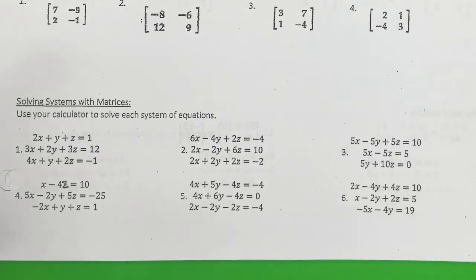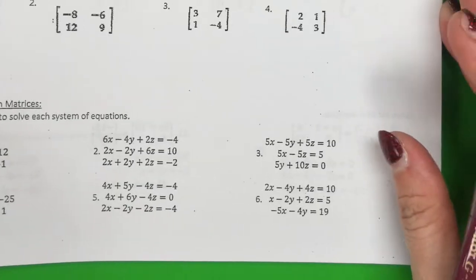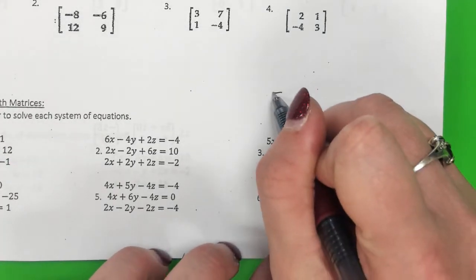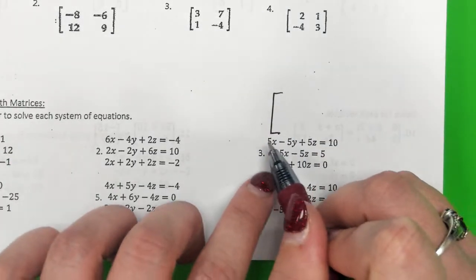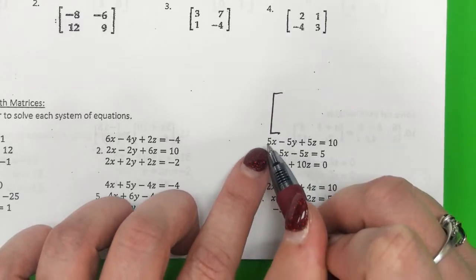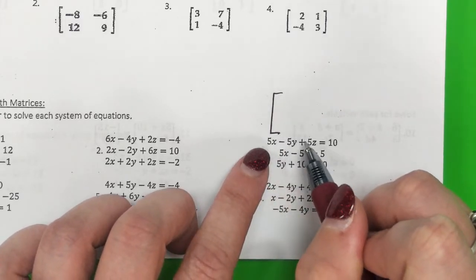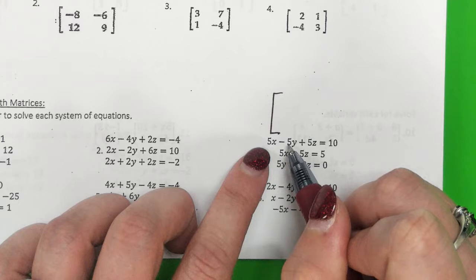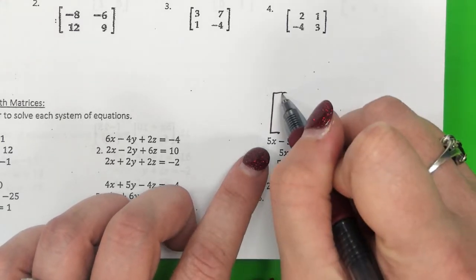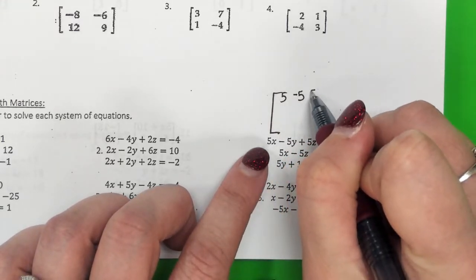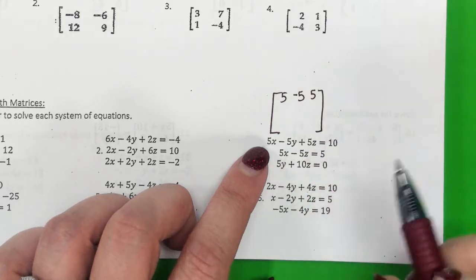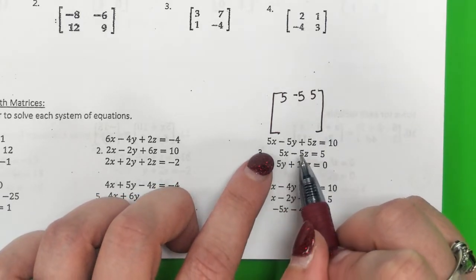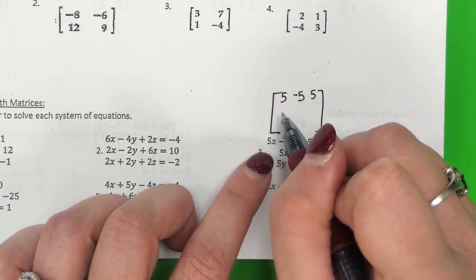Let's look at number 3 very quickly, though, before we all start, okay? Just to make sure we're all on the same page. So you need to make a matrix out of all of these numbers with your letters. So what would be the first row? 5? Yeah. There you go. And then what would be the second row? Be careful. Perfect.